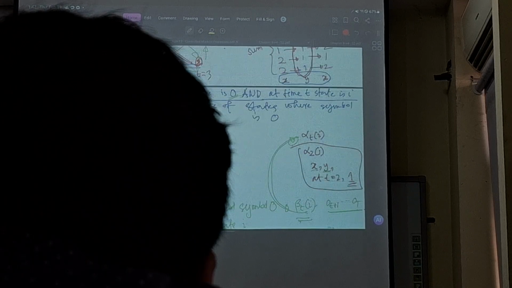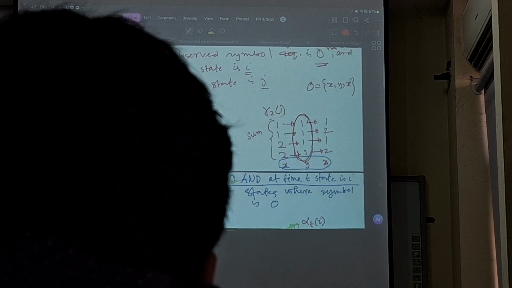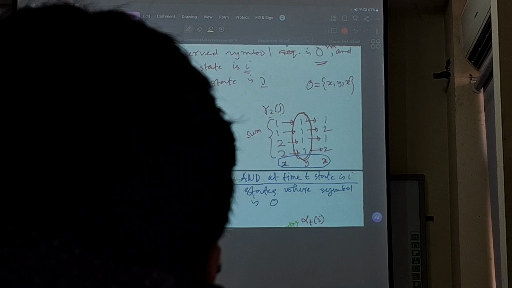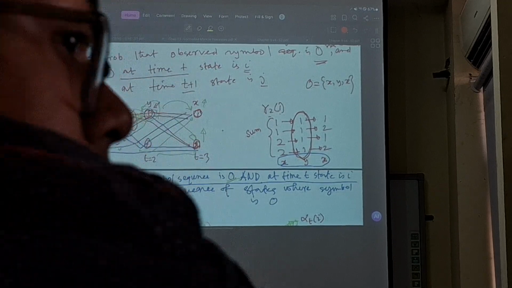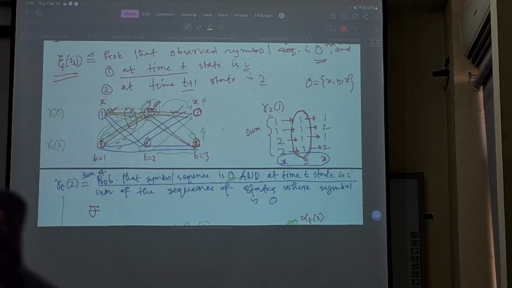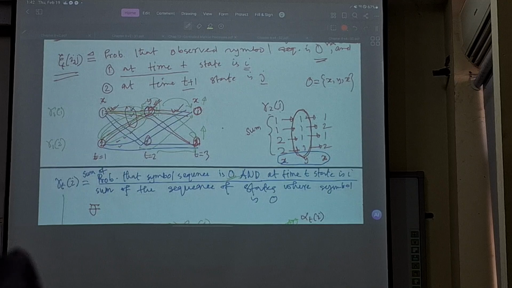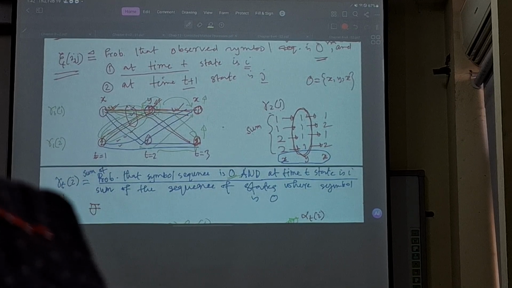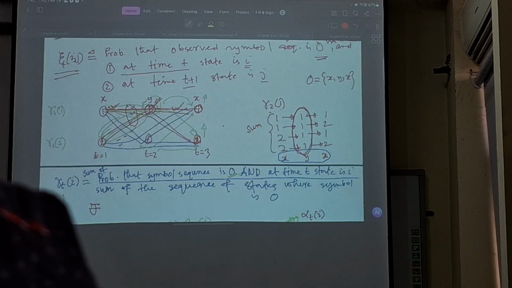If you go here, this path has this one. This path has this one. Right? Only we are considering the first part, where at time 1 this and time 1 is this one, then we consider this one.